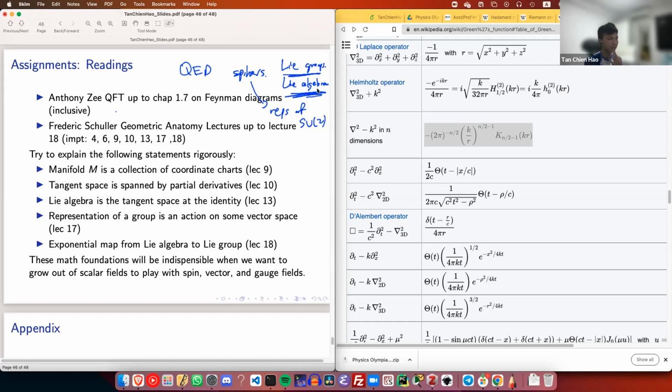It's indispensable, in fact, if you want to understand spinors, to understand representation theory. And representation theory or group theory needs us to know groups.